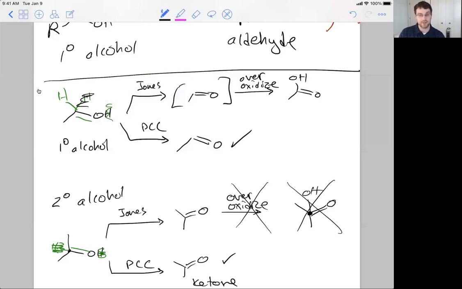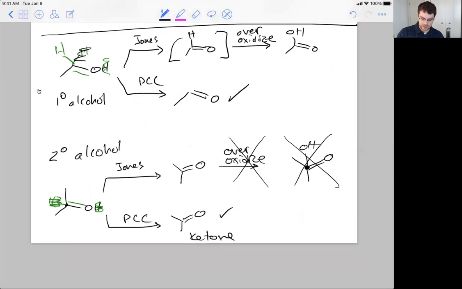It already has 5 things attached to it if we add an additional OH. Whereas in the overoxidation of the aldehyde, we actually convert the aldehyde CH into a carboxylic acid. Okay. Now, I like thinking about the octet in the case of the secondary alcohol. There's actually some other reasons why it doesn't over-oxidize. But the point is, with secondary alcohols, the task is easier. We get the same product with either of our oxidation conditions.